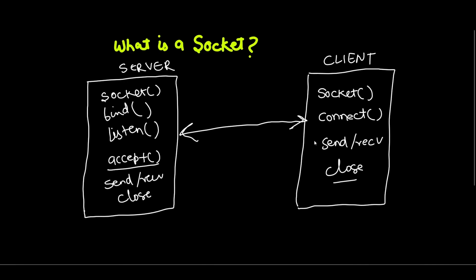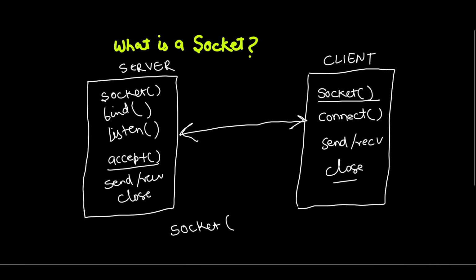Primarily, we have the socket system call, which defines the type of the socket we will be using in this communication. So the socket call has three parameters.